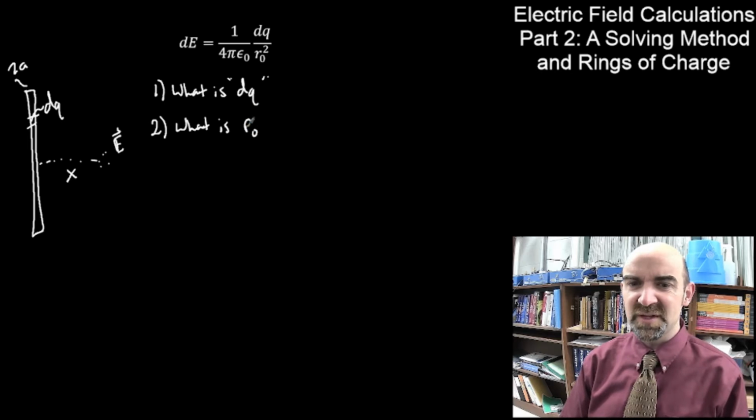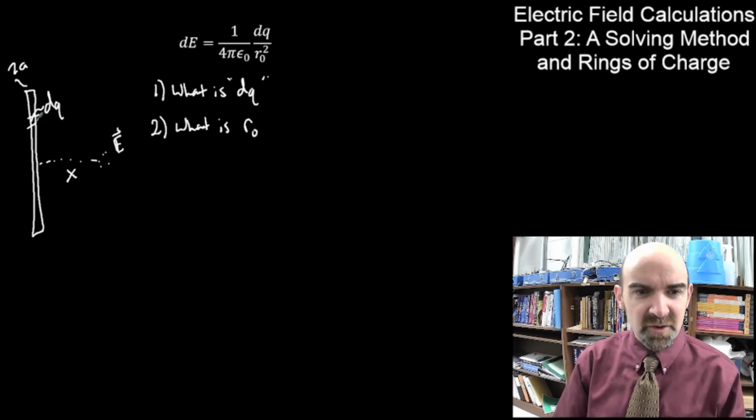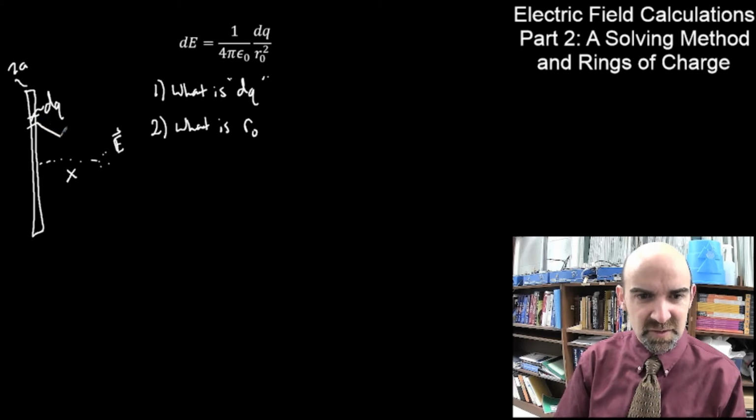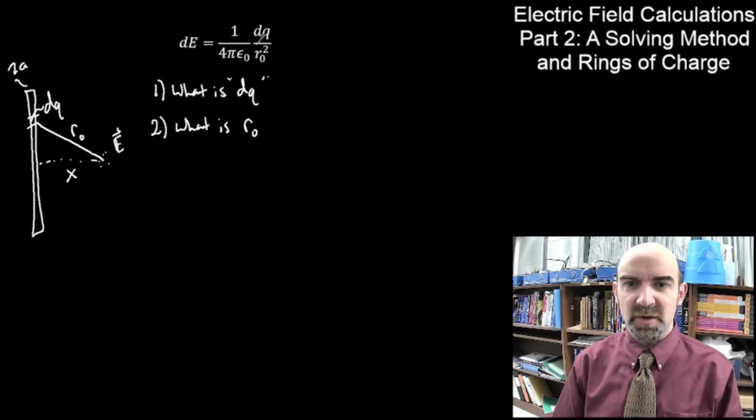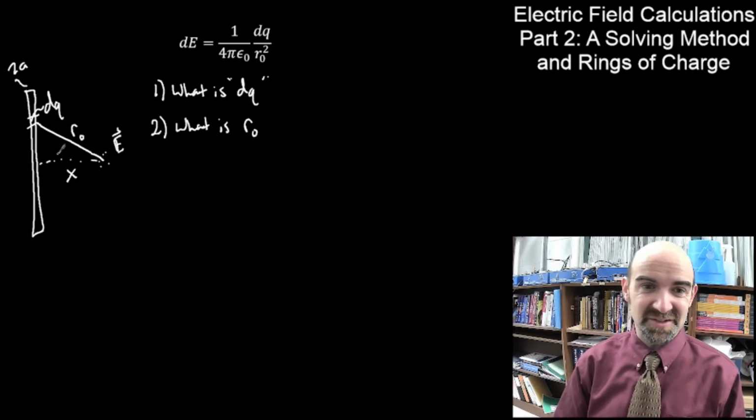So I'm just going to say r naught, meaning the distance between the electric field point and the dq. That's what we're defining as r naught, whereas there may be other arbitrary r's, like radii, in those cases.